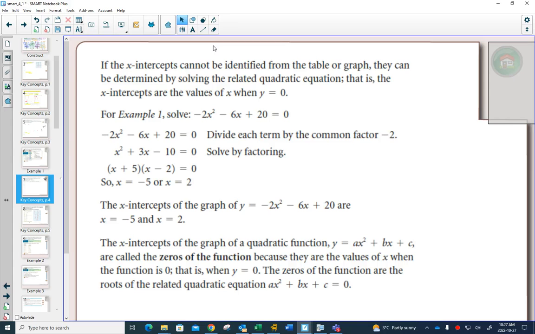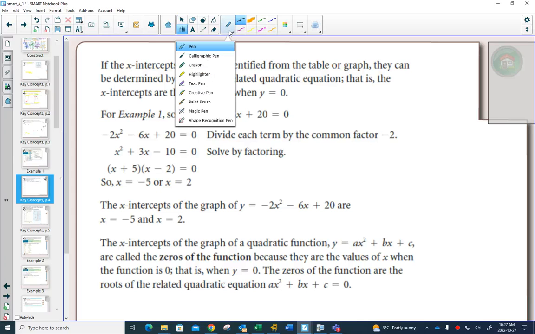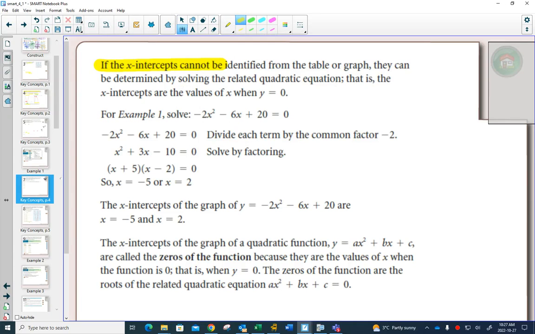So I want you to look on page 253, and I want you to highlight this. This is the connection between the last unit and this unit.